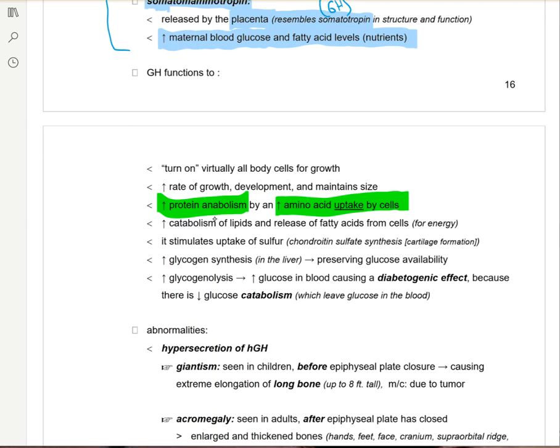It increases catabolism, which is breakdown of fats. Remember, we called it lipolysis. That will release fatty acids from the cells, and we can use that for energy. It uptakes sulfur, so we can make chondroitin sulfate for cartilage.